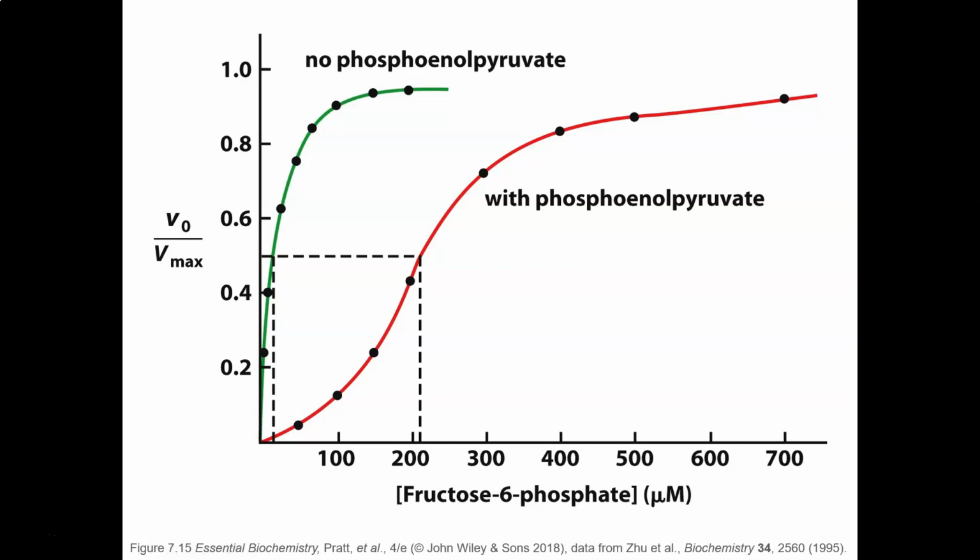So again, when the Km increases, Km is defined as that substrate concentration at which the velocity is 1/2 of the maximal velocity. So in the presence of the inhibitor, it's going to take far more substrate to reach half maximal velocity than if the inhibitor were not present. The other thing I hope that you noticed is that this curve right here is sigmoidal.